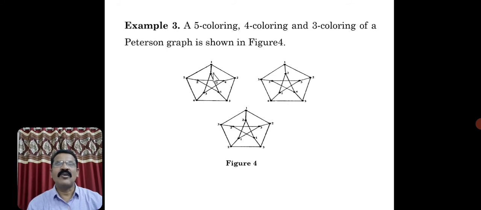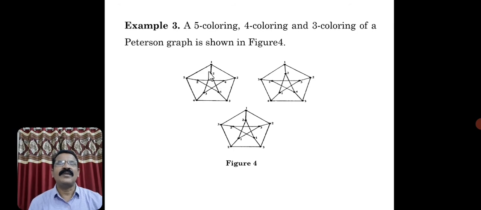So if you draw the complement of this cycle, you will get the interior cycle type. Then every vertex on the boundary is joined with a vertex of the other cycle C5. So like that we will get a graph. That graph is considered as the Petersen graph. He invented this graph, that's why the name Petersen graph is given.